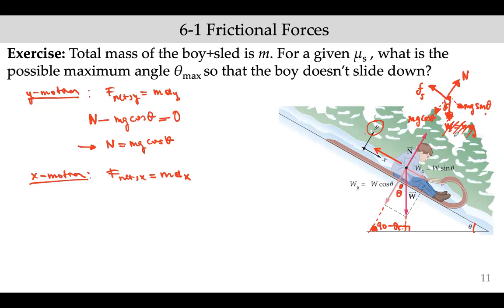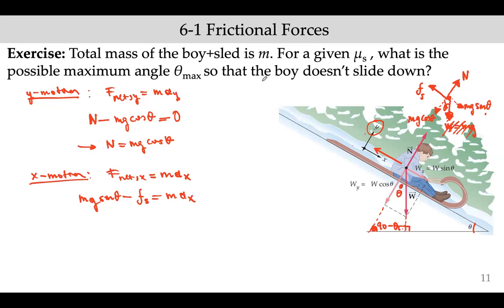So this comes with a positive sign. The friction force will come with a negative sign. Remember, those negatives and positives are completely related to the coordinate system that you chose. If you choose a different coordinate system, then those negatives and positives will look different. So I'm writing F net in x direction: mg sine theta minus the static friction force equals m a x.